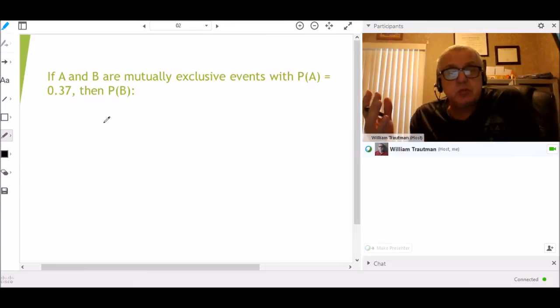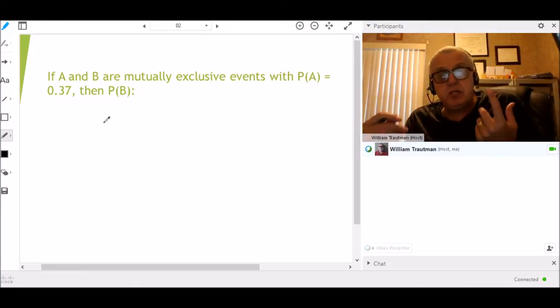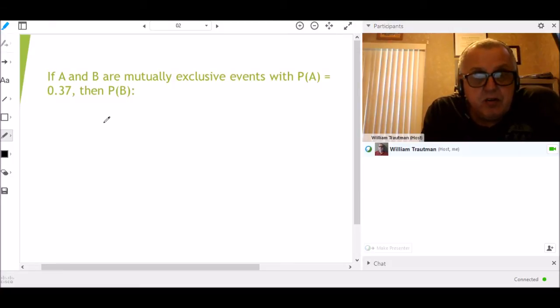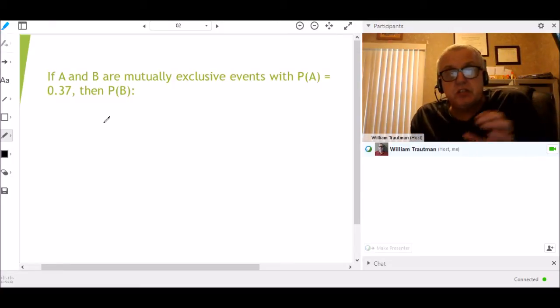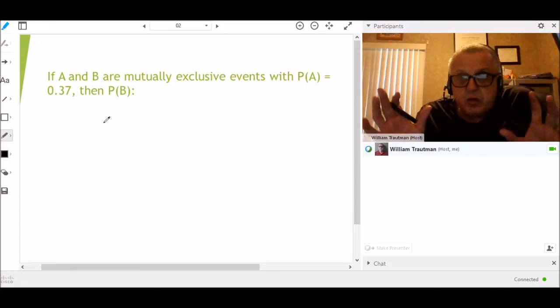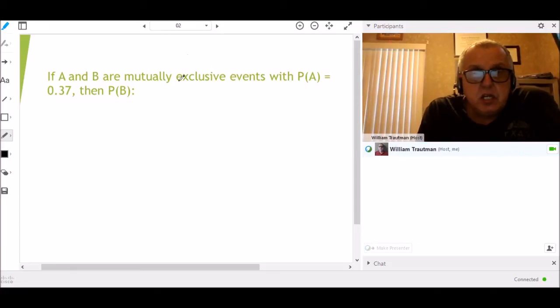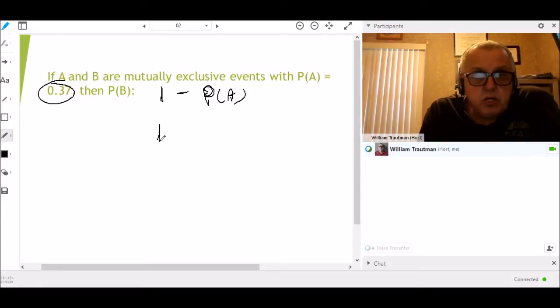So these are mutually exclusive. We have a probability of A. We have a probability of B. They don't have anything in common. So the probability of B is going to be 1 minus the probability of A. So 1 minus 0.37 equals 0.63.